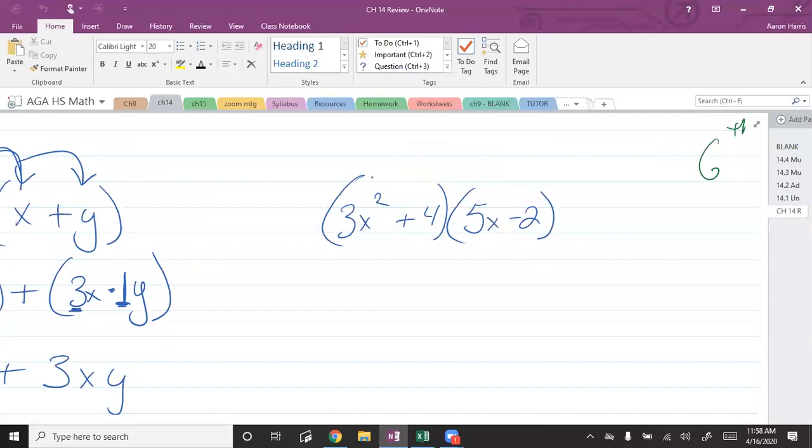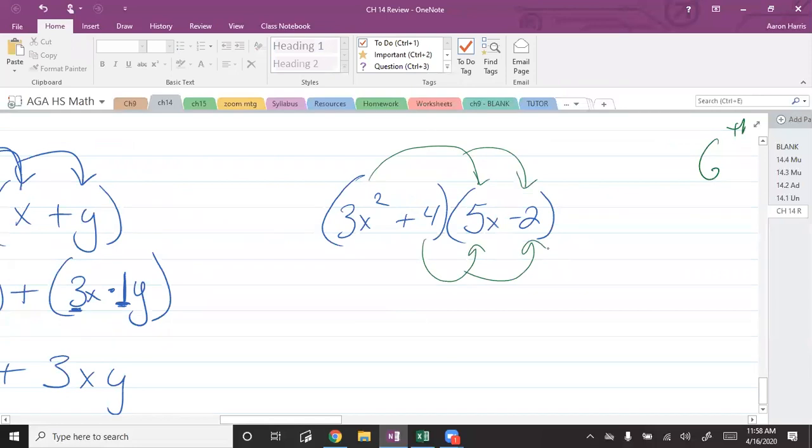Here we go. First, outer, inner, last. So this says 3x squared times what? Times 5x.